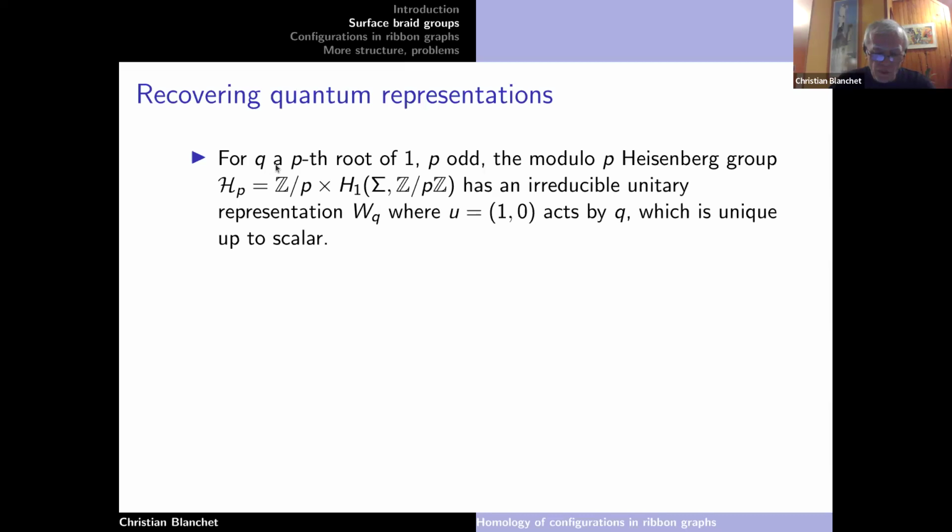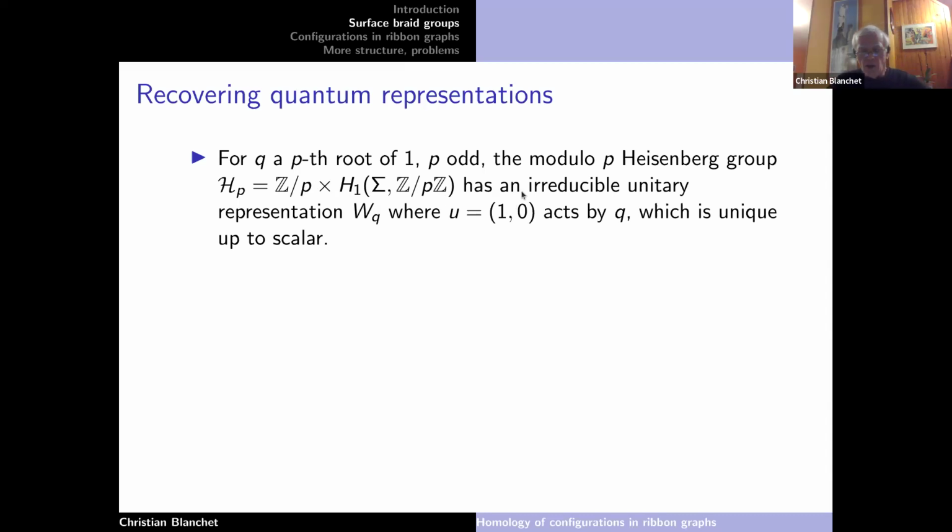If Q is a P-th root of 1 for odd P, we can consider the modulo P Heisenberg group HP, which is the same construction as before, but with center Z over PZ, and replace H1 by H1 mod P.